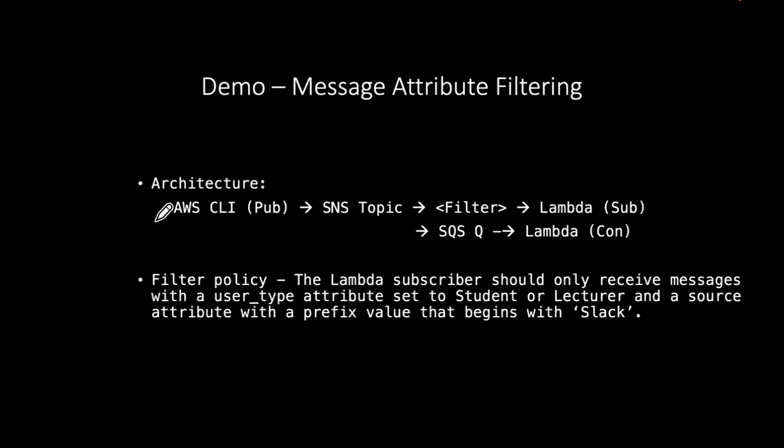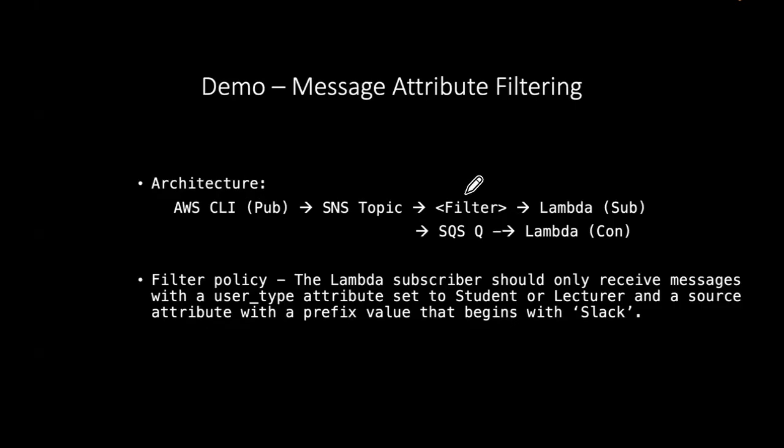So the example which I started on the last day, but I didn't actually work through because I hadn't deployed it, is this simple architecture here. We're again using the CLI conveniently as our publisher, publishing messages to an SNS topic. And our topic has two subscribers. One is a Lambda, and the other is an SQS queue.